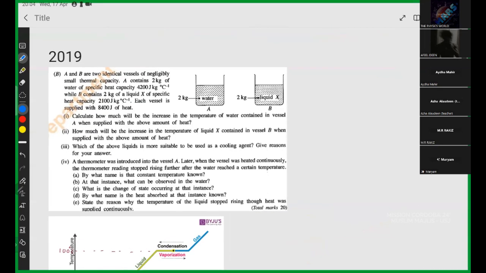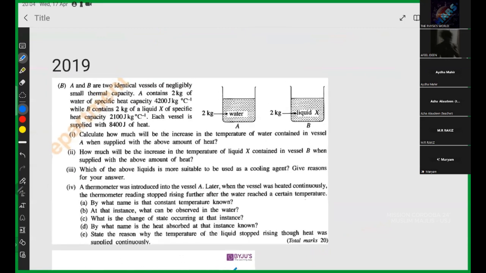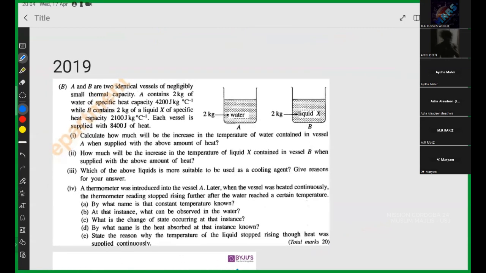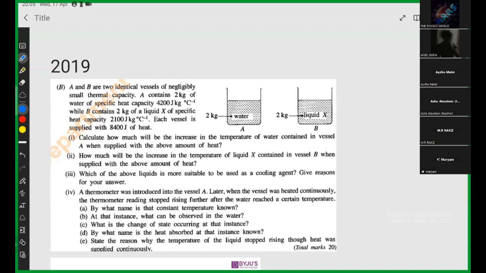This is also very simple, as we have done earlier, the same equation. But each and every time, how they ask you the question is different, but the theory is the same, the simple one. See, A and B are two identical vessels of negligibly small thermal capacity.